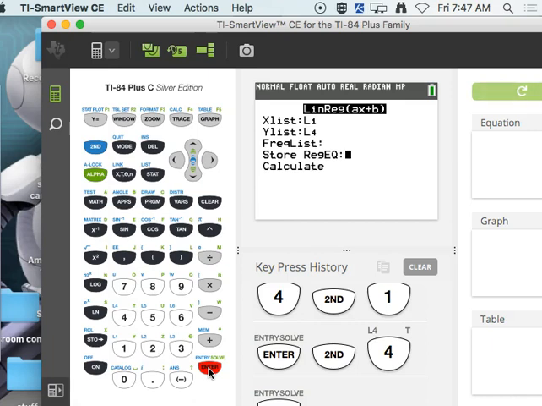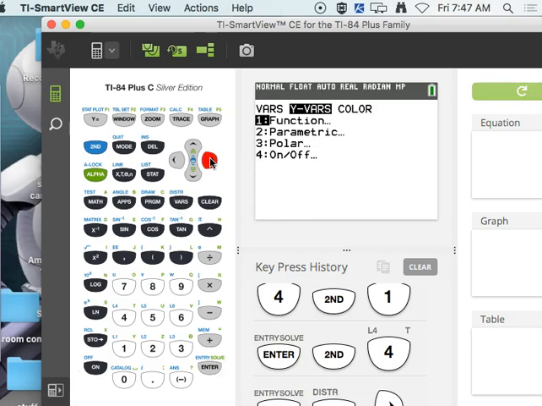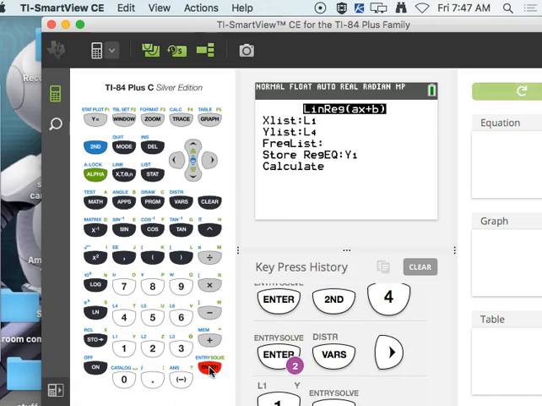Where did it go? How do you get y sub 1 to show up there? Bars. They're in there. Down to calculate.